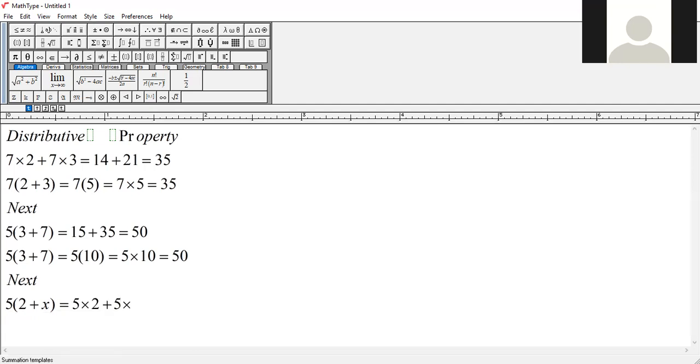And so 5 times 2 added to 5 times x can then be simplified to 10 plus 5x, because when we multiply 5 times 2, we get 10, and 5 times x, we get 5x. What we have got here, 10 plus 5x, is the result of the expansion of what is inside the bracket here. This is called the distributive property on addition.